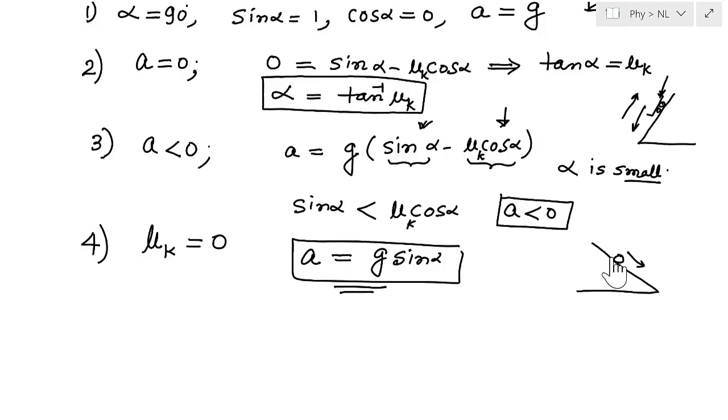From the general expression we can derive all the special cases. For example, what happens when the inclined plane becomes vertical, when the acceleration will be 0, when the acceleration will be negative, and what happens if the surface is smooth. Once I have a general expression, I can consider all the special cases, plug in the values, and derive the result.